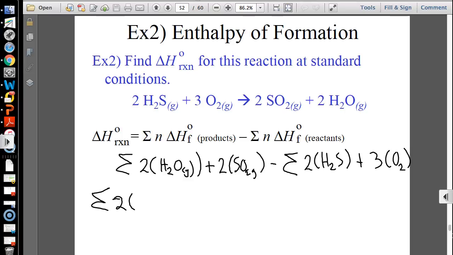Water's under oxygen in your book. I'm not even kidding you. I say that, I can't find it. Oh, there it is, as a gas.